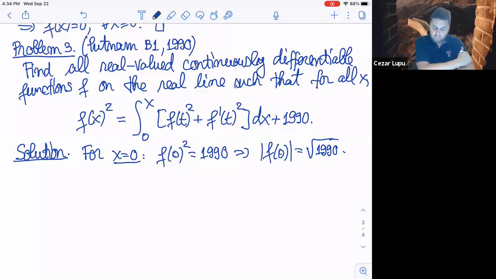So maybe we're in a good position, since the function is continuous, then by the fundamental theorem of calculus, the integral is differentiable. So I have no problems in differentiating term by term. So taking the derivatives on both sides.